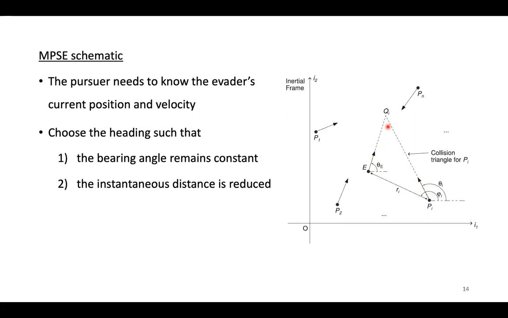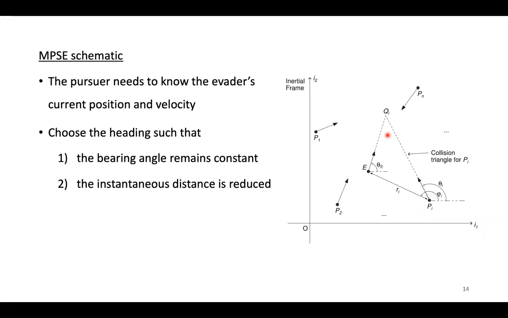It needs, again, the current position and velocity. And in this situation, the bearing angle, which means the line of sight, the angle of the line of sight with respect to an axis will remain constant for all time. And the instantaneous distance will reduce at every instant of time, under the assumption that the pursuer is faster compared to the evader.